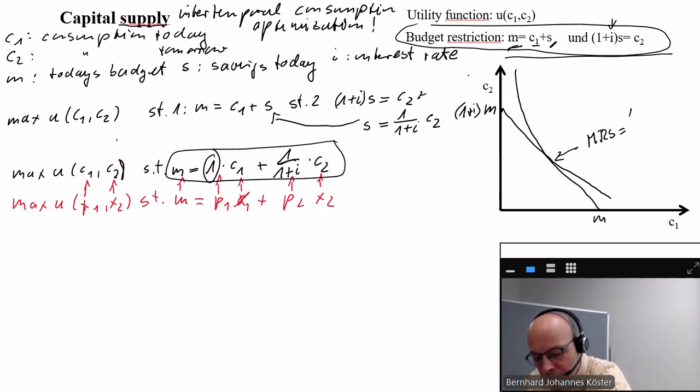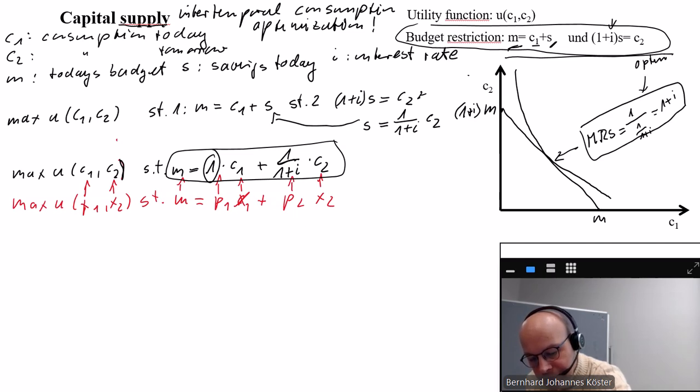P1 is 1, P2 is 1 over 1 plus I, so 1 over 1 over 1 plus I, and this means 1 plus I. So this is my optimal condition.